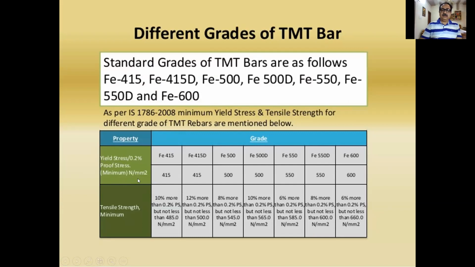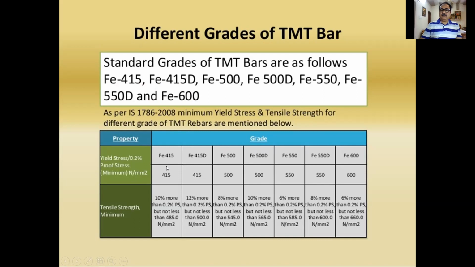It is in Newton per mm square. If we talk about Fe415 grade of steel, it is having 415 Newton per mm square of yield stress. For the Fe415D grade, it is the same value, 415. For Fe500, this is 500 Newton per mm square, and for Fe500D, this is again 500.